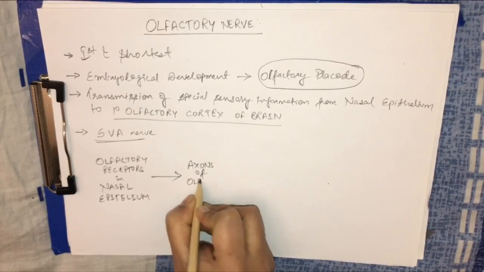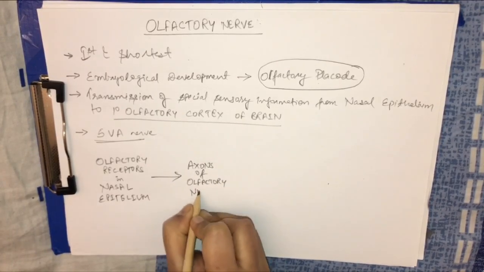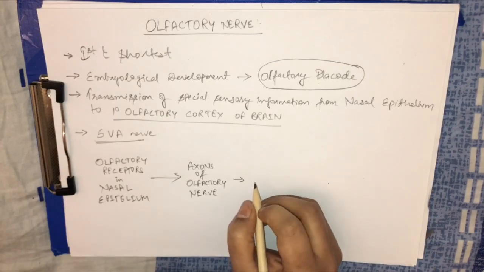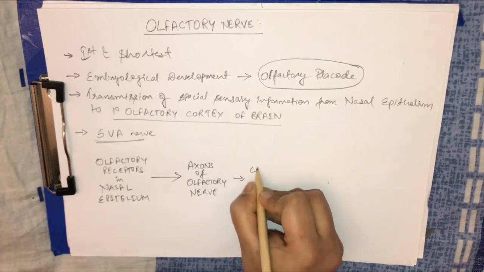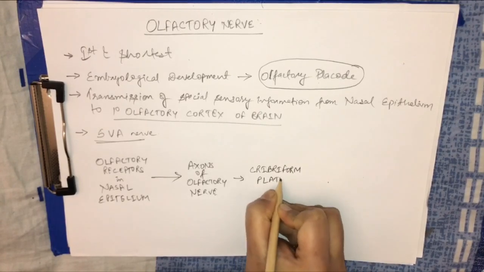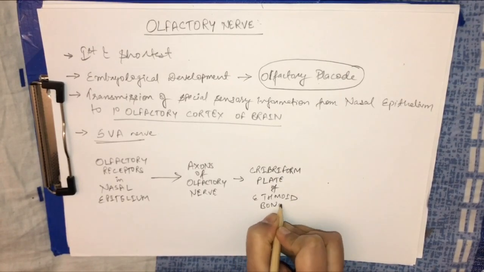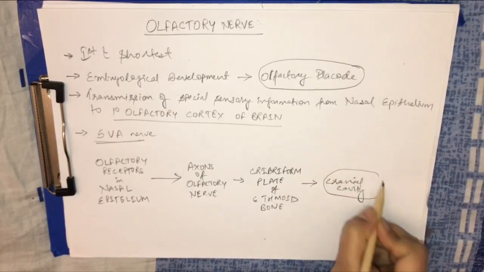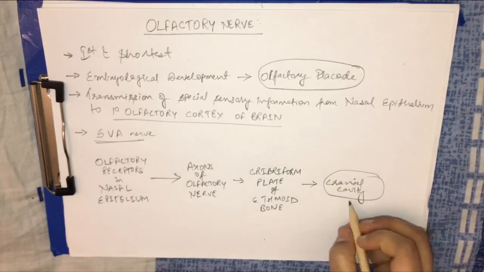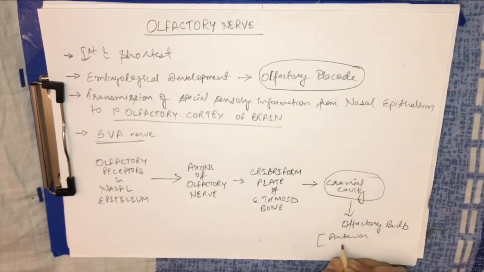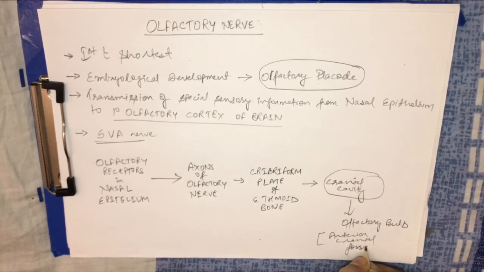Their axons assemble into small bundles of true olfactory nerves, which penetrate the small foramina in the cribriform plate of the ethmoid bone and then enter the cranial cavity. Once in the cranial cavity, the fibers enter the olfactory bulb, which lies in the olfactory groove within the anterior cranial fossa.